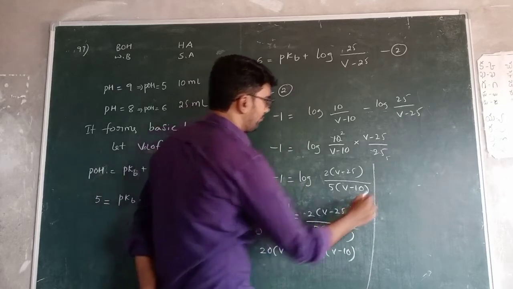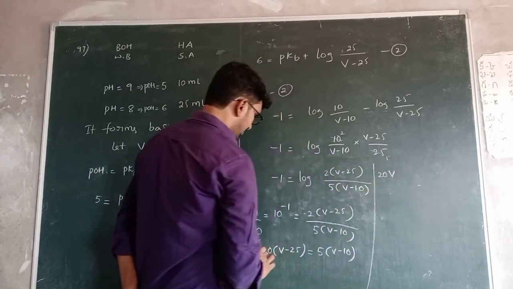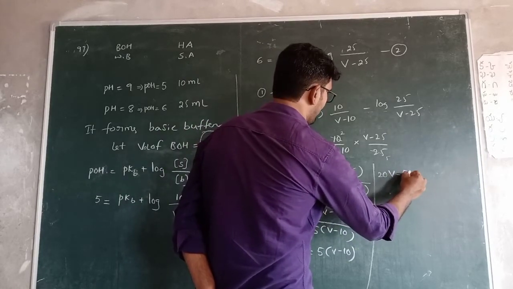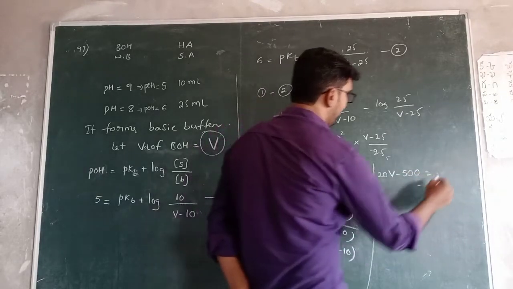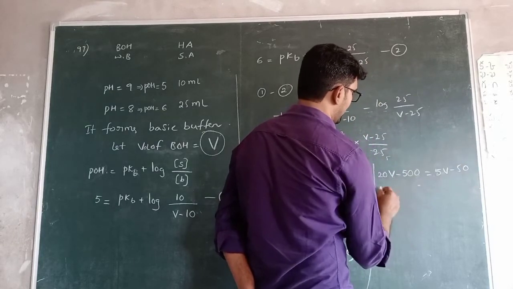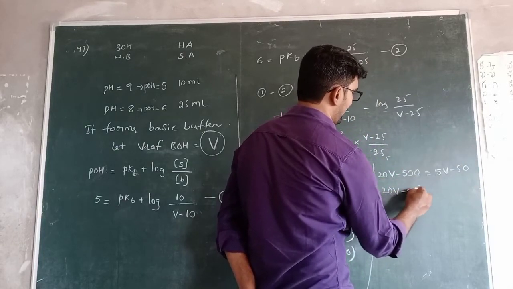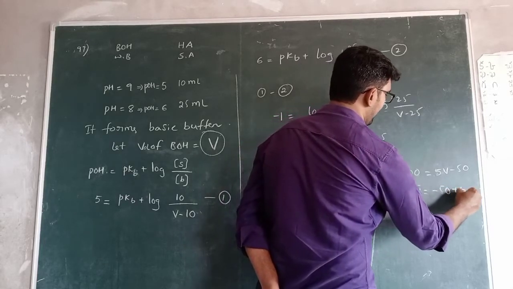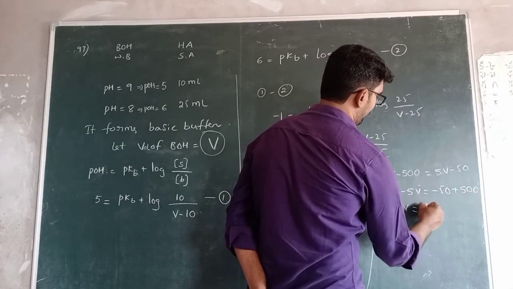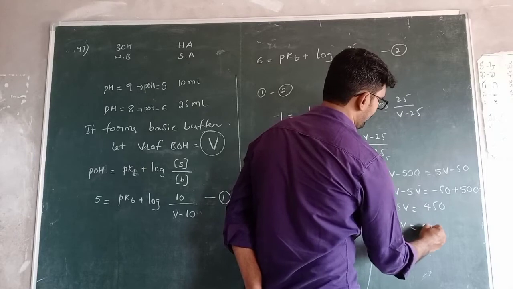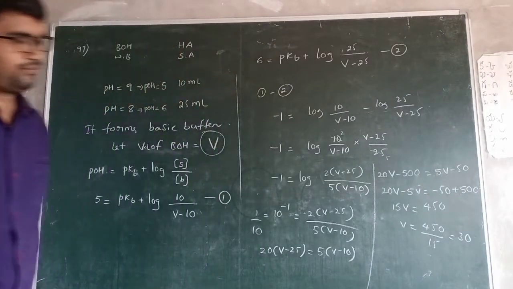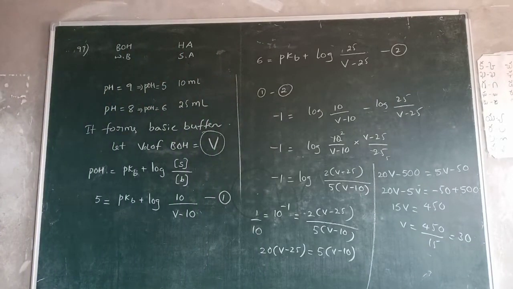Now 20 into V, 20 into minus 25 is minus 500, equal to 5V minus 50. Move this value to this side and that value to that side: 20V minus 5V equals 500 minus 50. So 20 minus 5 means 15V equals 450. So V is equal to 450 by 15, which is 30 ml.